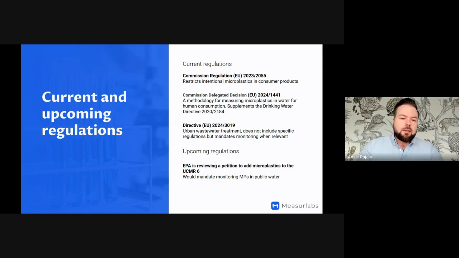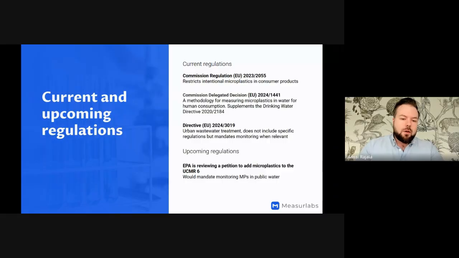Then there is Commission delegated decision from the EU, 2024/1441, that provides a detailed procedure for the analysis of municipal water for microplastics from 20 micrometers up to 1,000 micrometers. The sampling in this case is carried out by passing 1,000 liters of water through a cascade of 4 filters.